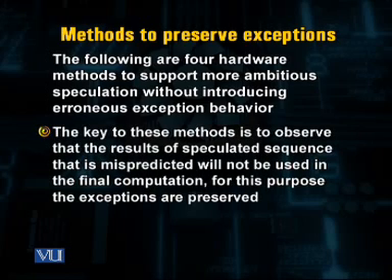Now, the key to all these methods is to observe that the result of a speculated sequence that is mispredicted will not be used in the final computation. For this purpose, the exceptions are to be preserved. There are different ways to preserve the exceptions. Let us discuss these basic techniques which are usually used.